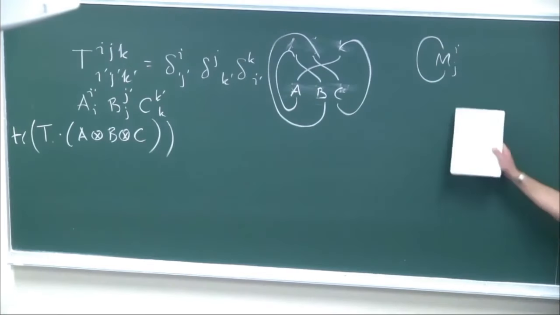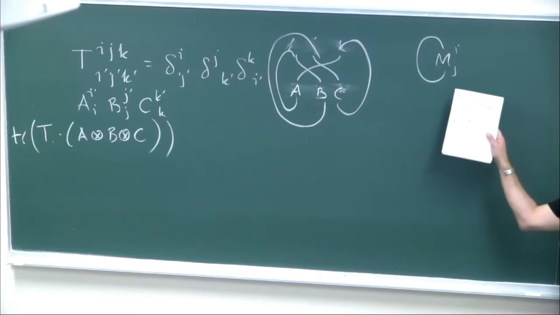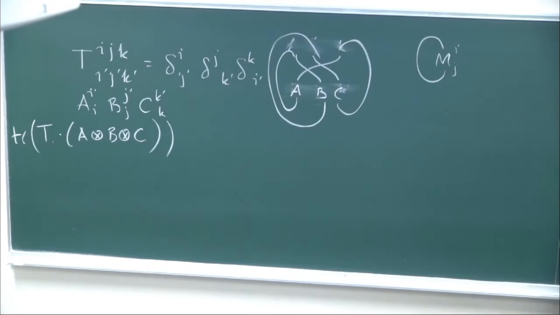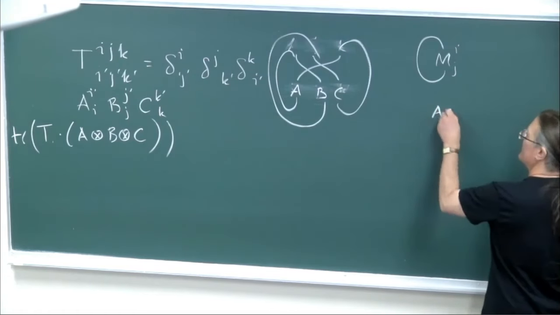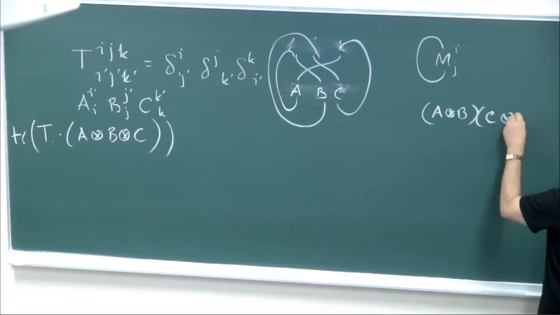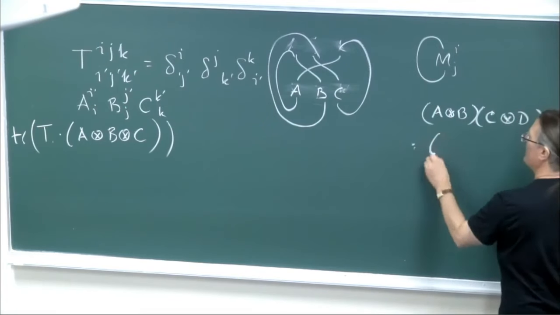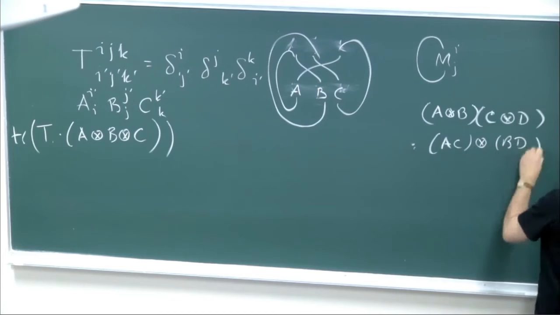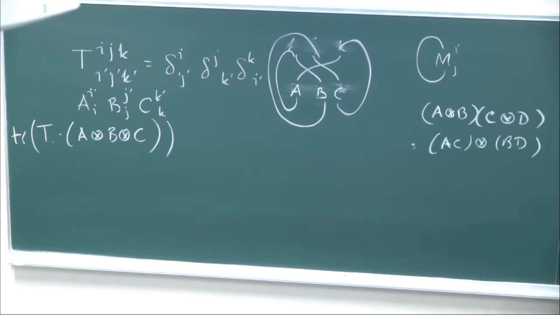Are a lot of you familiar with this sort of diagrammatic thing? I'm very fond of this. So for instance, when we're teaching our students about the tensor product, we pose to them as an exercise that A tensor B times C tensor D equals AC tensor BD, right? We ask them to show this.